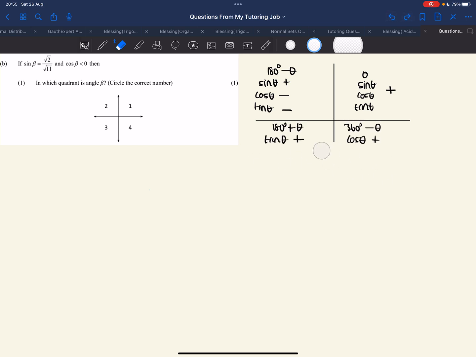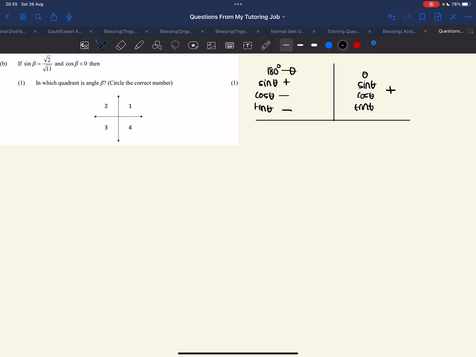Let me just eliminate them. So we're going to eliminate quadrant 3 and 4.